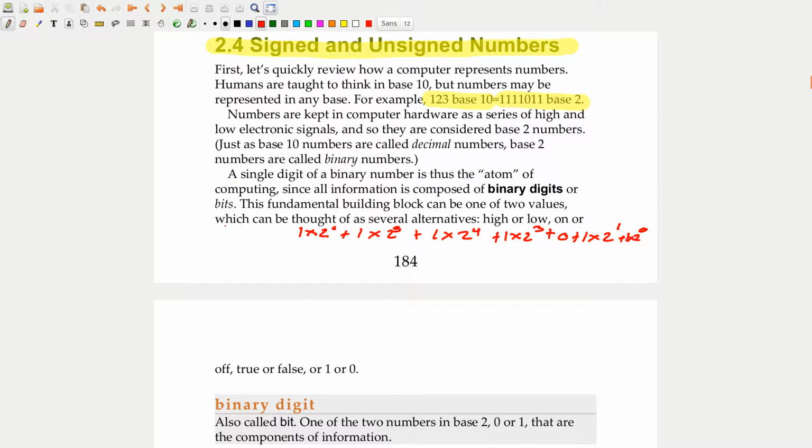And so this is the same thing as that 1111011.